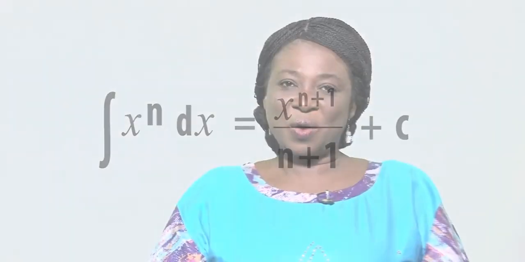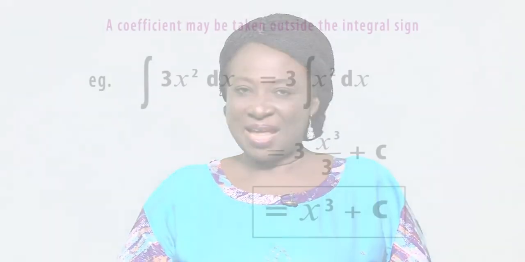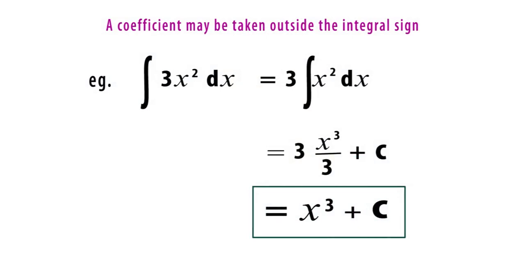So a constant coefficient may be taken outside the integral sign. That is, if we have the integral of 3x squared dx, we may rewrite that as 3 outside, then the integral of x squared dx, and then integrate.